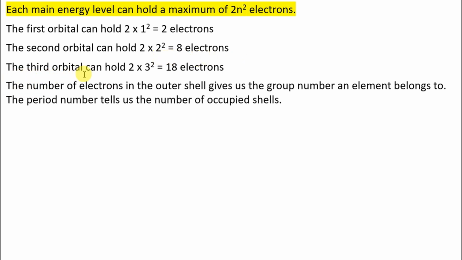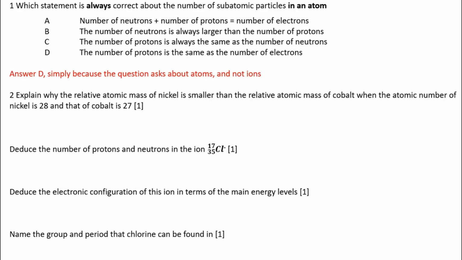The third orbital, 2 times 3 squared, 2 times 9, 18 electrons. The number of electrons in the outer shell gives us the group number an element belongs to. The period number tells us the number of occupied shells.